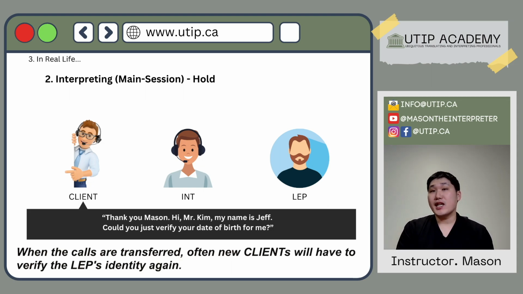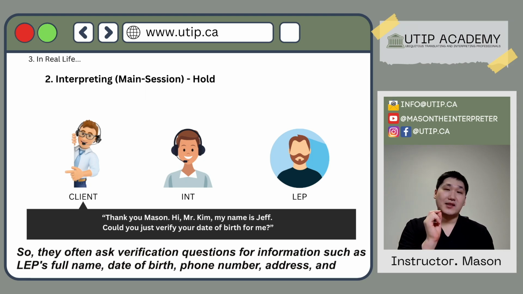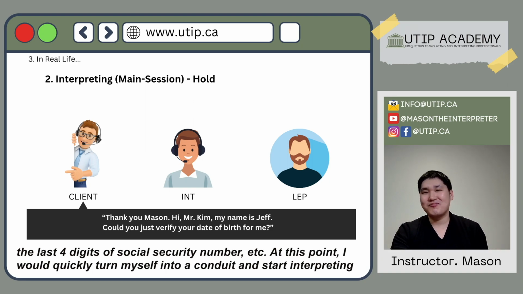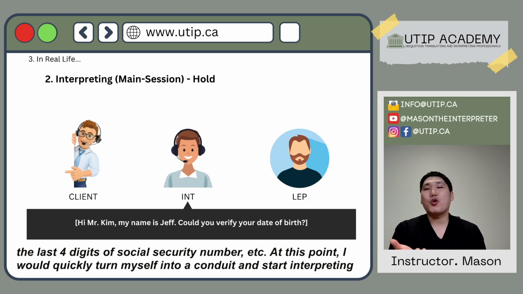When the calls are transferred, often new clients will have to verify the LEP's identity again. So they often ask verification questions for information such as the LEP's full name, date of birth, phone number, address, and the last 4 digits of social security number, etc. At this point, I would quickly turn myself into a conduit and start interpreting right away.